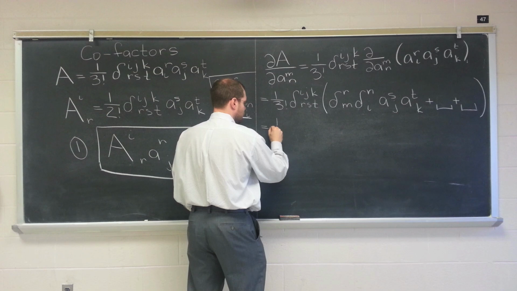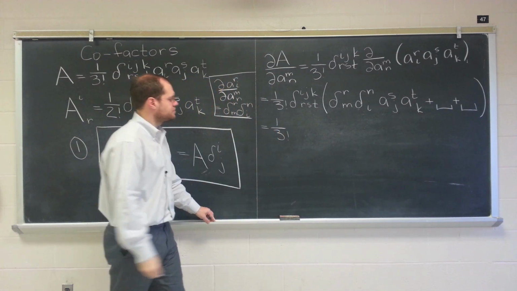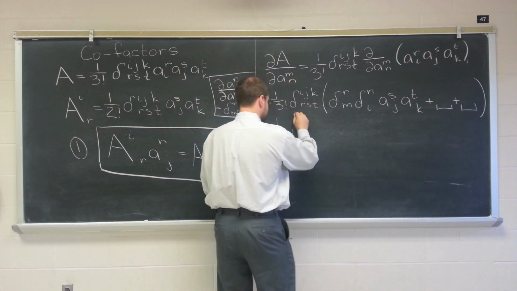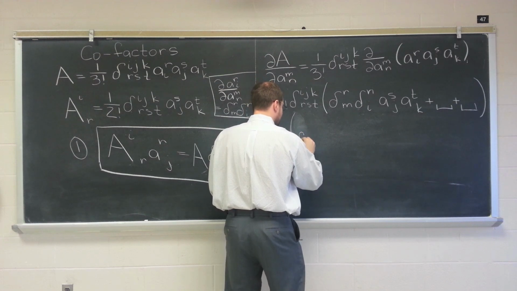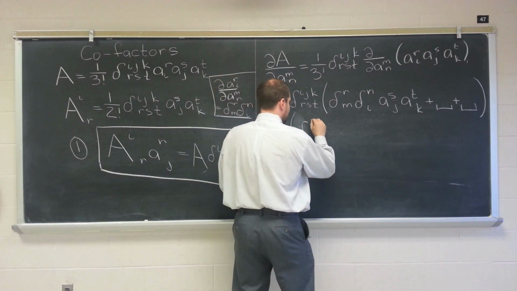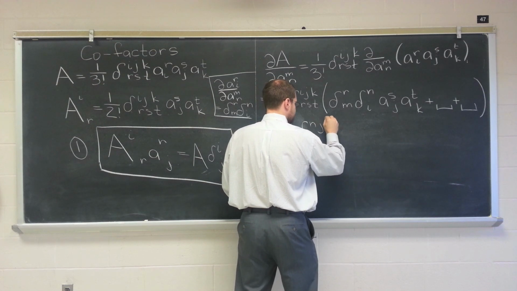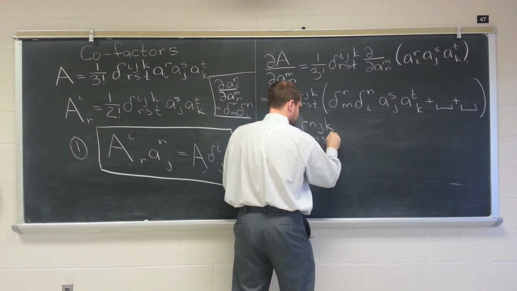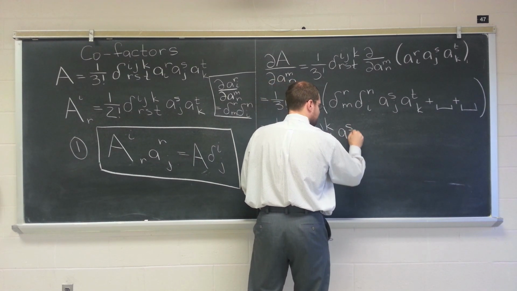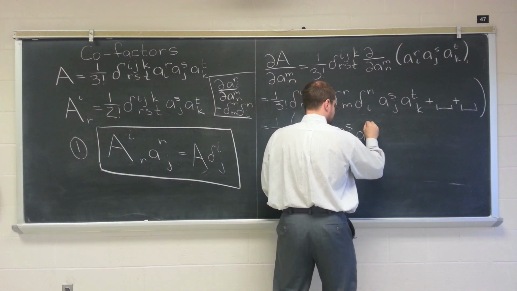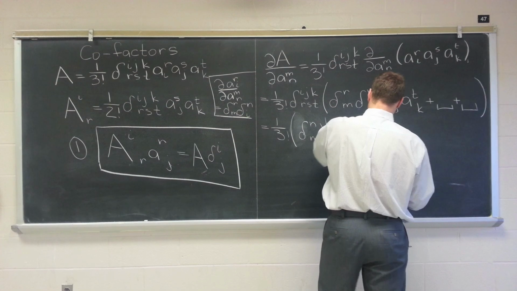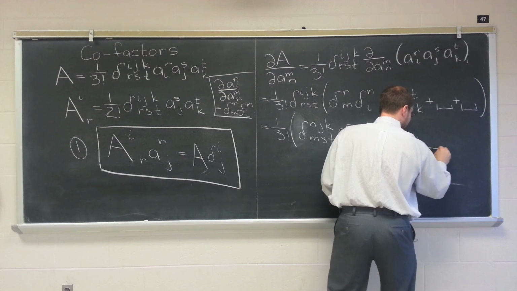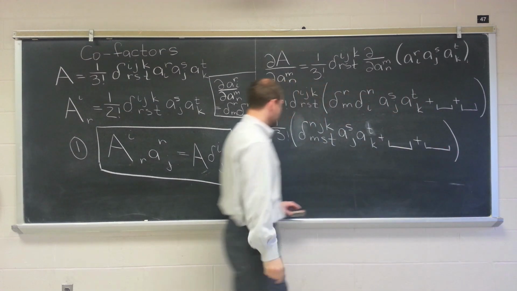So the result is 1 over 3 factorial, open paren, the first term is delta^n_jk, delta^m_st, A^s_j A^t_k, plus 2 terms, which work a little bit differently, but actually end up equaling this term, up to you to prove.